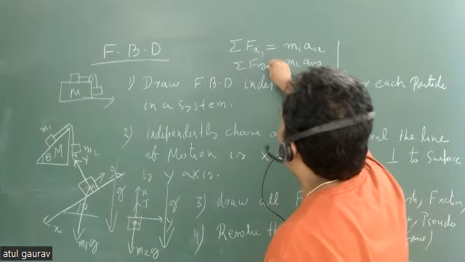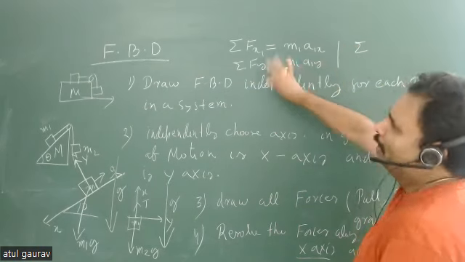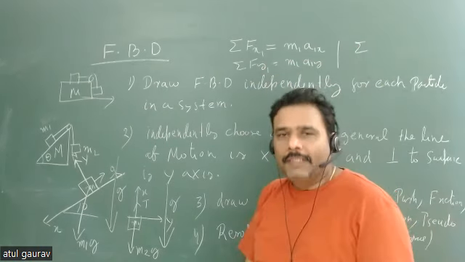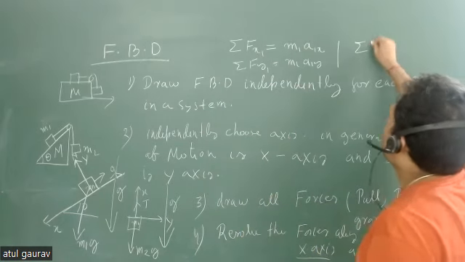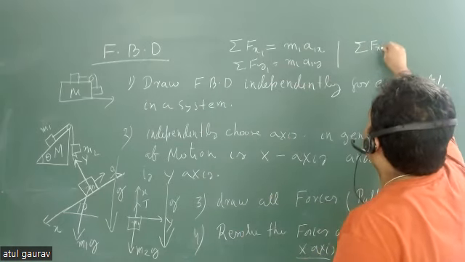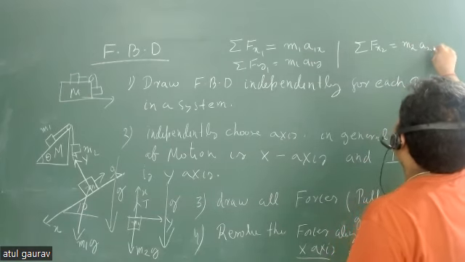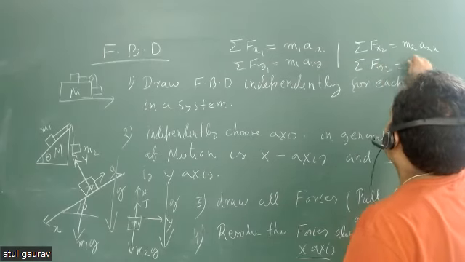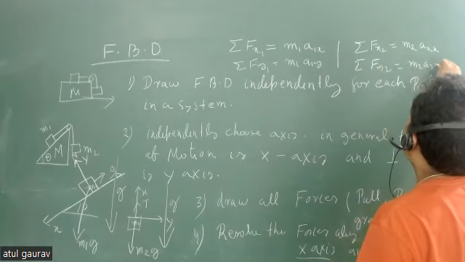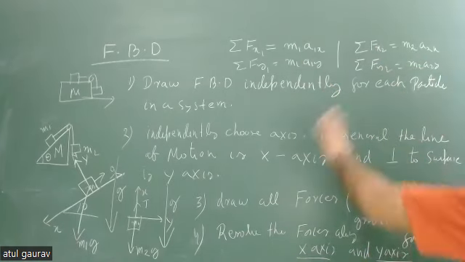Theoretically, you don't need to write everything, only what is useful. So you will just go for summation over fx2 is m2 a2x and summation over fy2 is m2 a2y. Maybe some are not needed, some are needed, but theoretically you will write this.